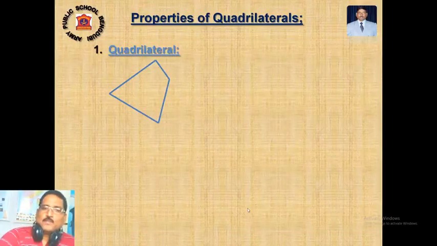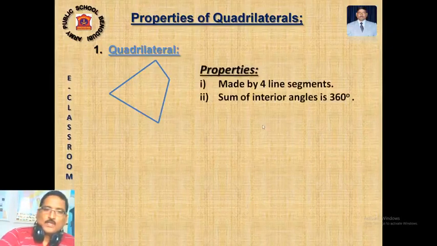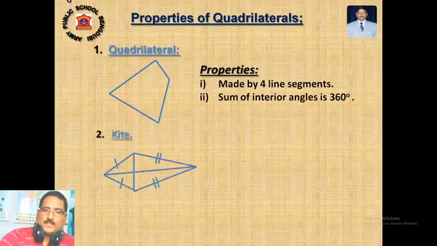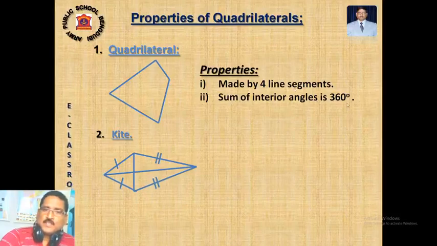Quadrilateral: first, a four-sided closed plane figure. Total of the angles is 360. This is the basic feature of a quadrilateral. Next is the kite. What are the properties of a kite? It will follow the quadrilateral property, made by four line segments, and the sum of the interior angles will be 360 degrees.